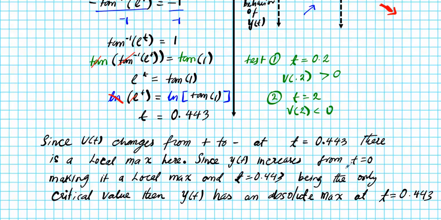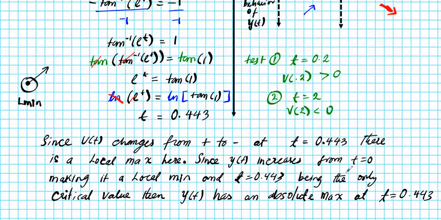The only one that could compete is t equals 0, but it's a local min. Oh, well, so I'm sorry, let me make a change here, making it a local min. So this conclusion that we arrived at right here, if you pick a point and after that point you're heading upwards, what does that make that point? It makes it a local min, okay?